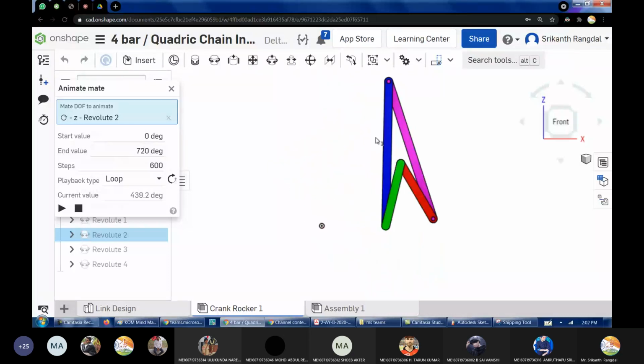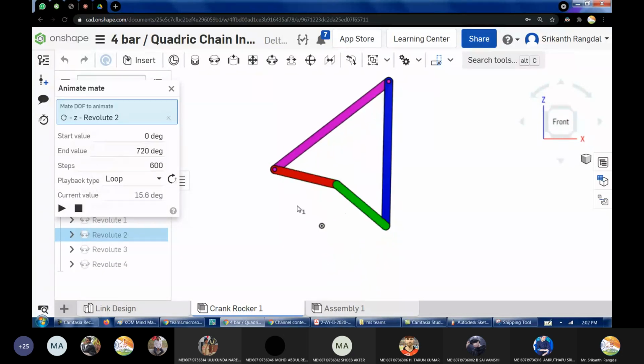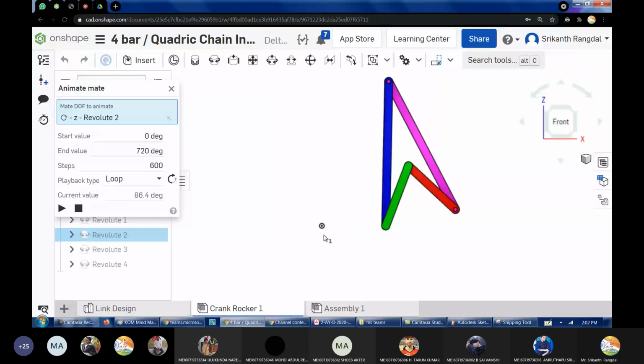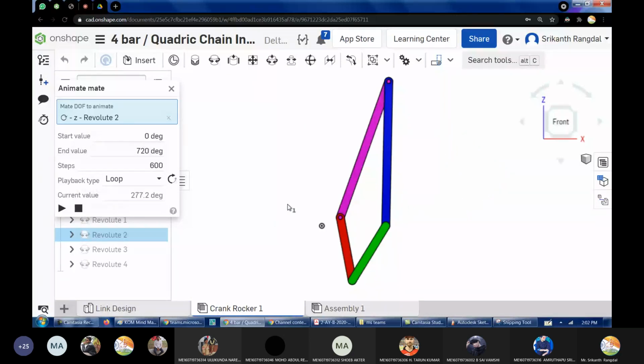So the special thing about this is when the smaller link is fixed, the smaller crank will complete 2 rotations, while the longer crank will complete only 1 rotation.